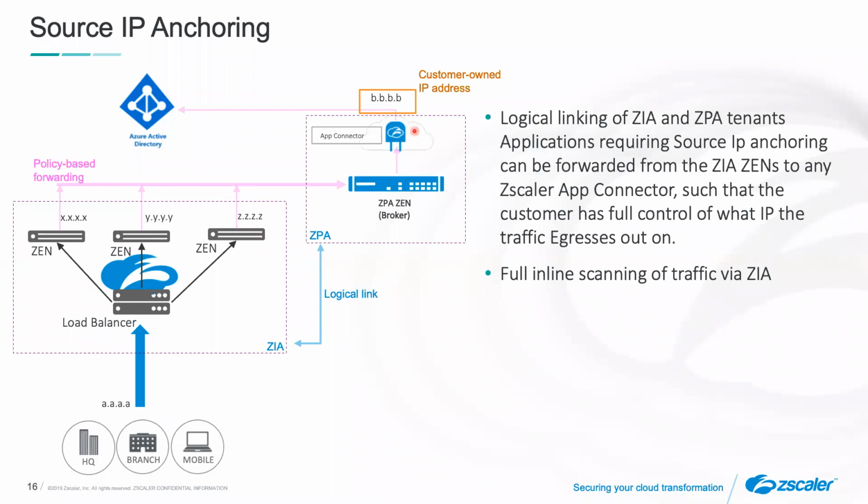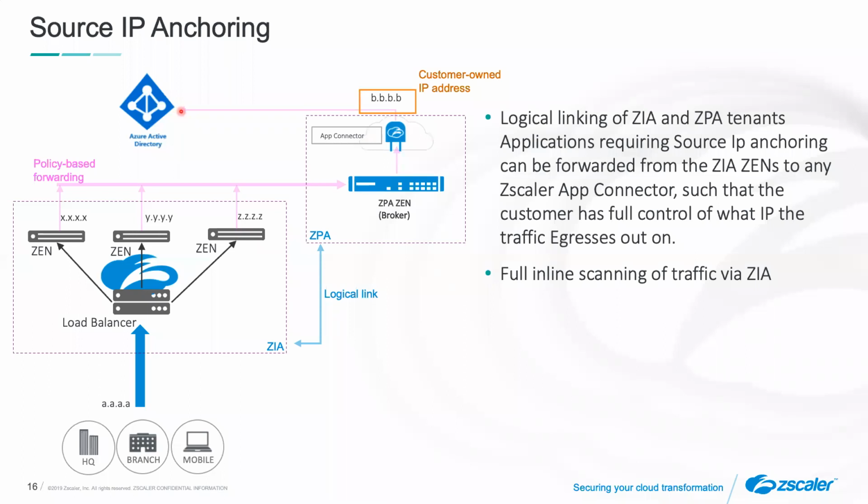So the idea is that the traffic comes to ZIA. From ZIA, it goes to ZPA. From ZPA, it goes to your individual app connector hosted by you, either in your data center or in one of the public clouds. And from there, it goes out to Azure Active Directory.